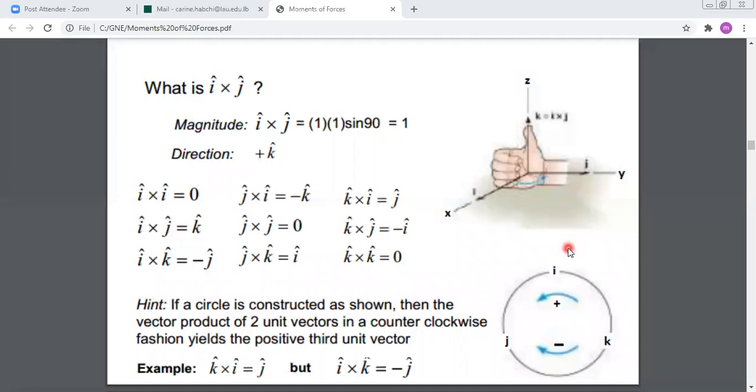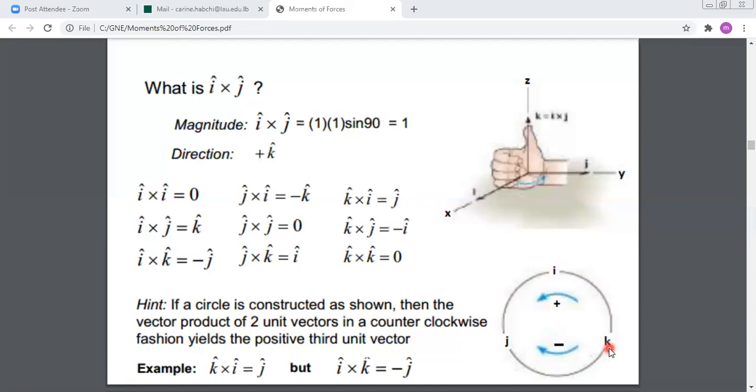So I say I, J, K, I, J, K. If I'm turning in this positive direction, I, J will give me plus K. If I do K, I, it's also in the positive direction, K, I, J, so it's plus J. If I do the opposite, J vectorial K, I'm turning also in the positive direction, so plus I. J, I is not in the order, because the positive order is I, J, K. If I do J vectorial I, it is minus.